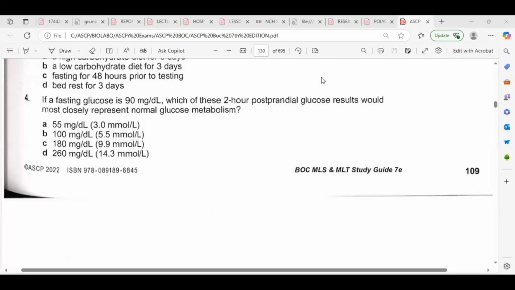That is postprandial 2 hours. And normal range for fasting is between 70 and 110. You remember that one. In this case, whether fasting or postprandial, 100 milligram per deciliter is very normal for this person.